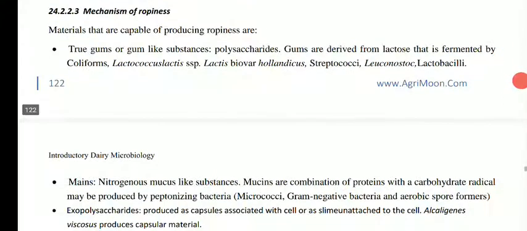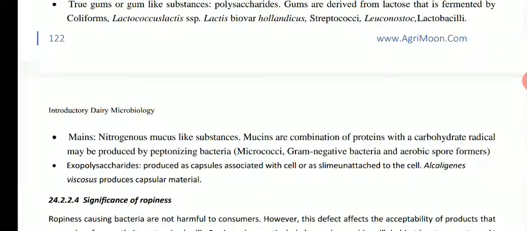bacteria. And then there are nitrogenous mucus-like substances. So mucins are a combination of proteins with carbohydrate radical, which may be produced by peptonizing bacteria, that is micrococci, gram-negative bacteria, and aerobic spore formers.